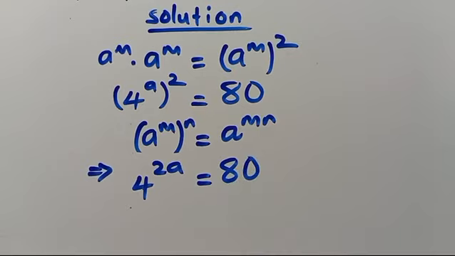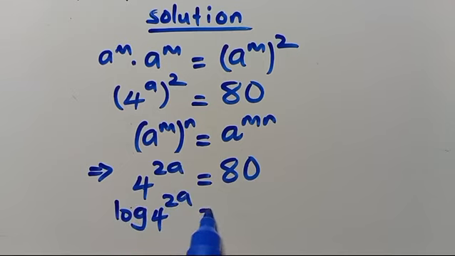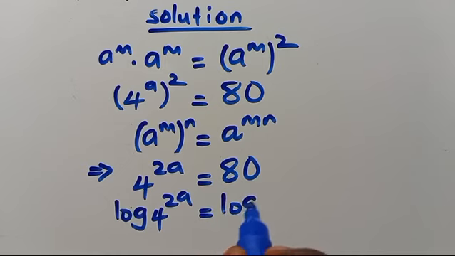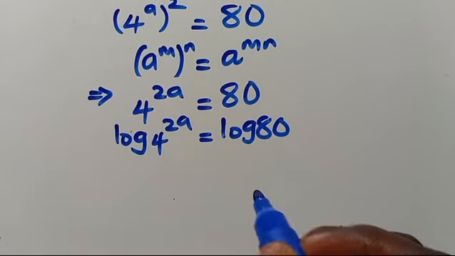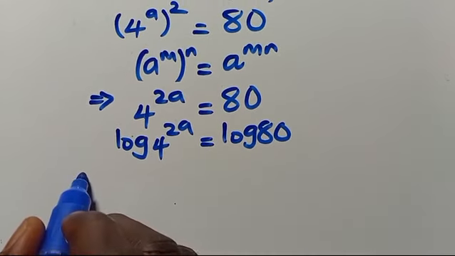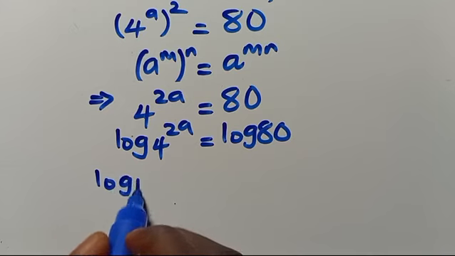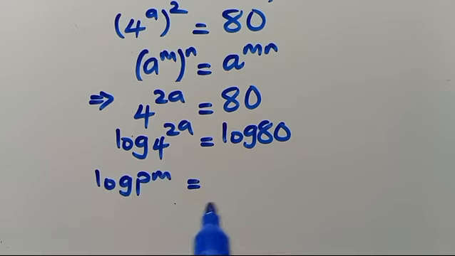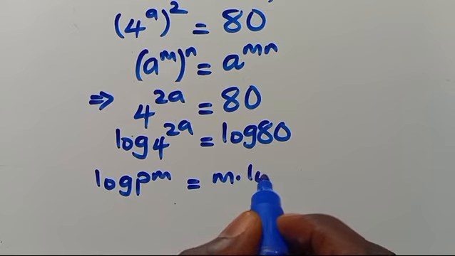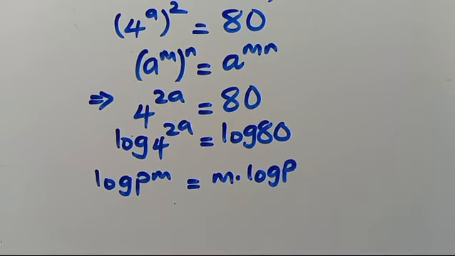Then from here, let us introduce log to both sides of this expression. So we have log 4 to the power of 2a equals log 80. Then when we have log p to the power of m, it equals m times log p.